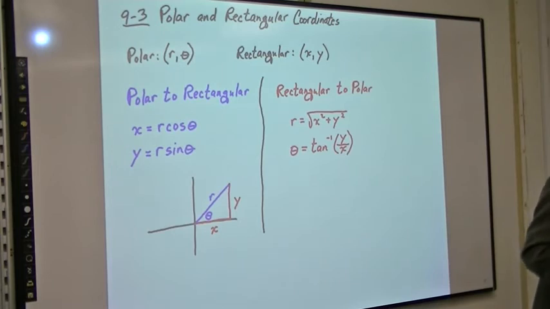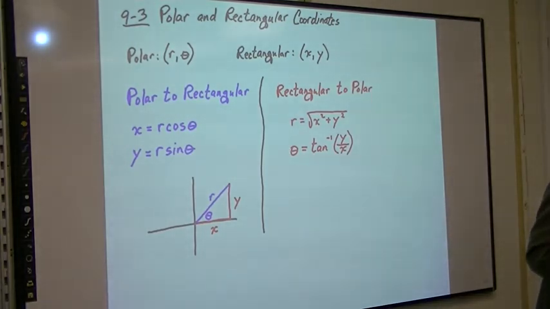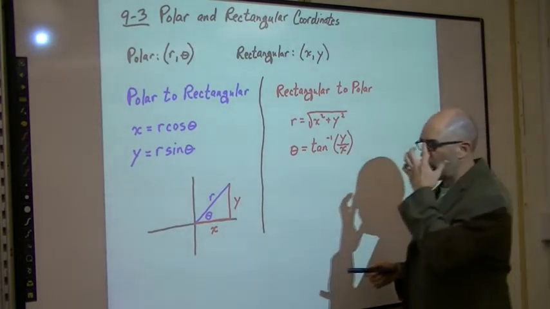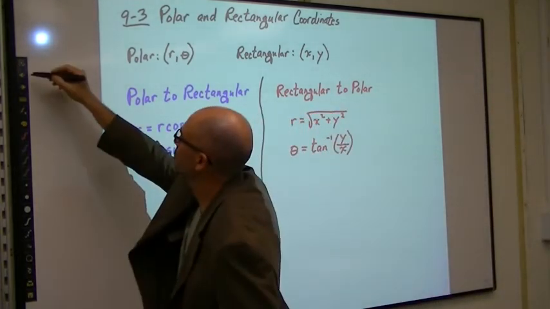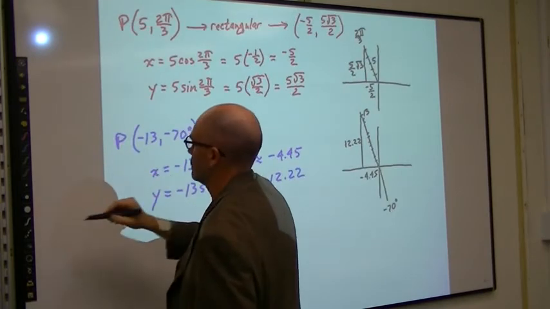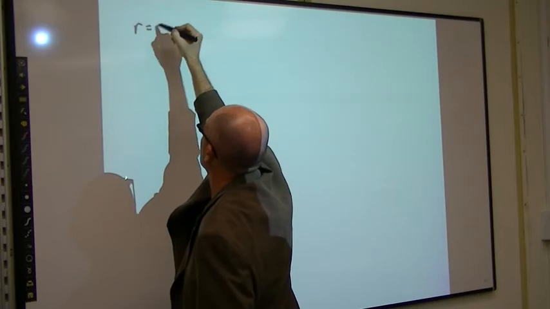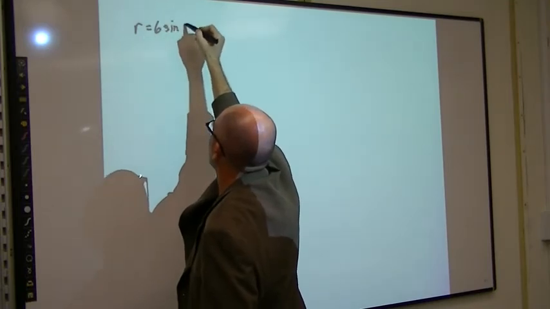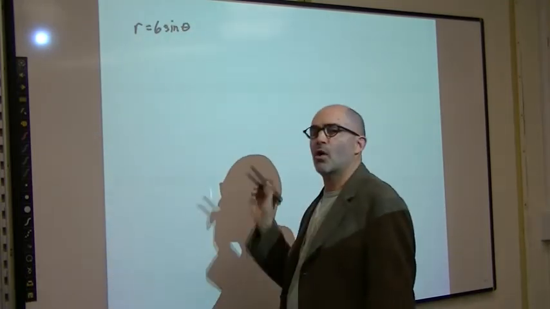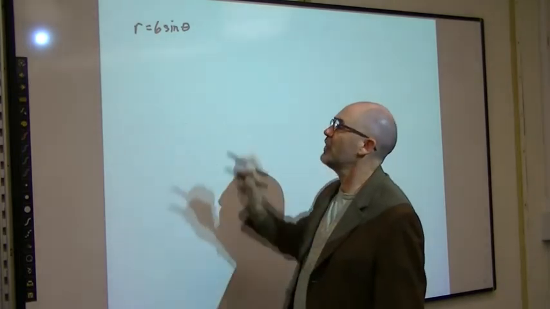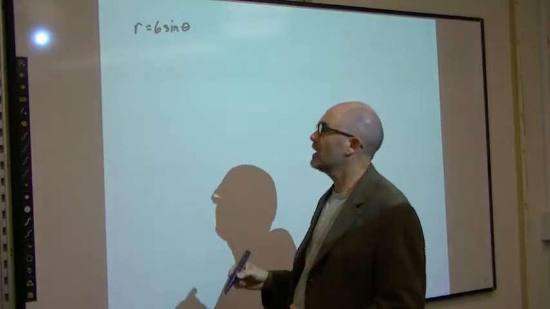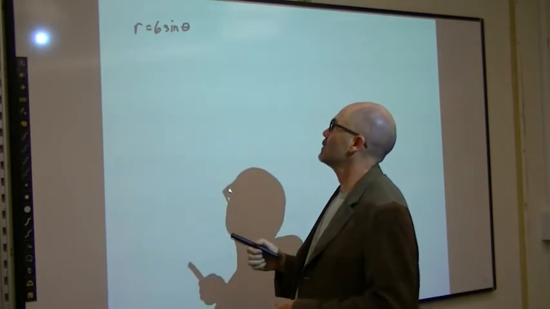So if we try the example, let's write the polar equation r equals 6 sine theta in rectangular form. That's a polar equation because it's got r and theta in it. We want to change that to a rectangular equation.